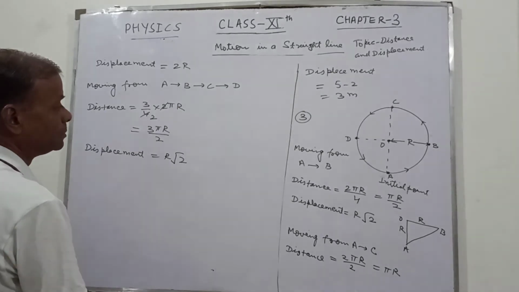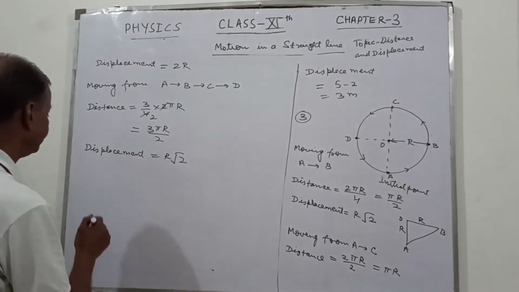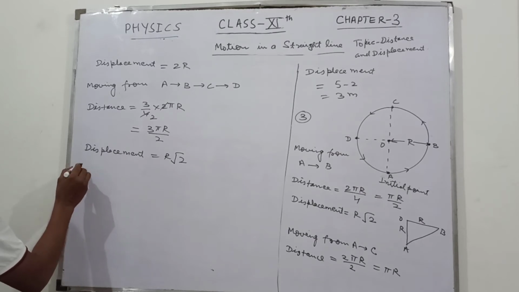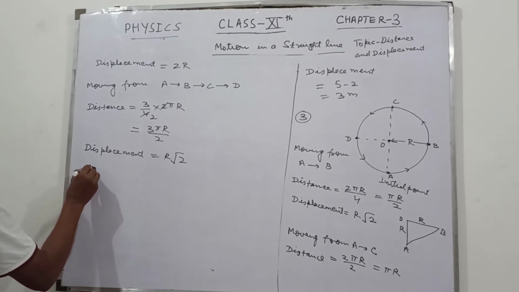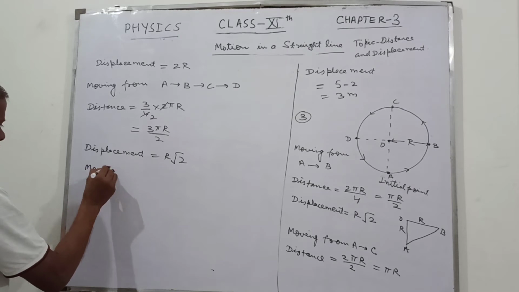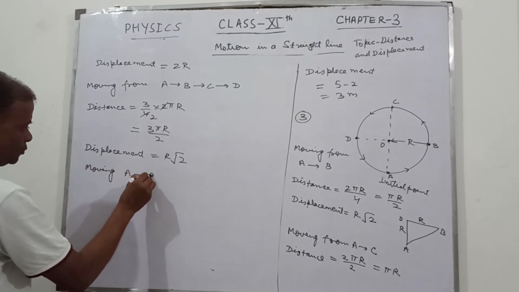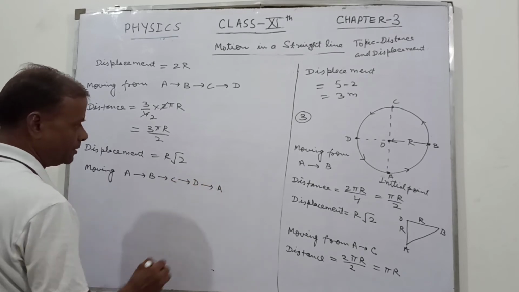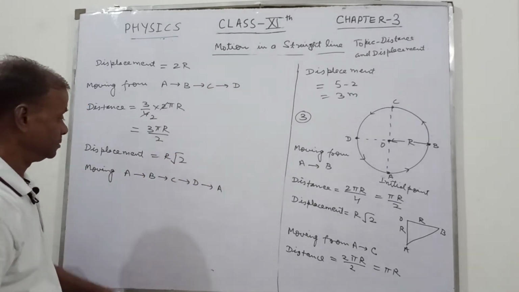So now in one complete rotation, moving from A to B to C to D and then to A means closed path.